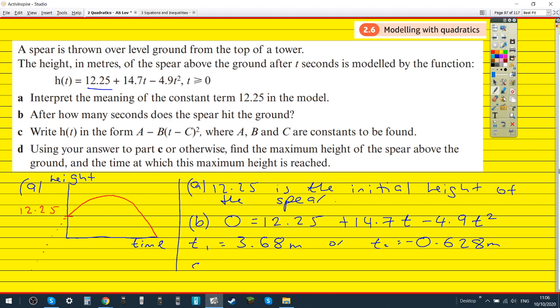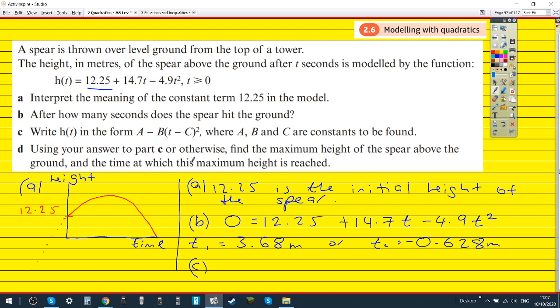Question C. Would A, B, and C, would A be minus 4.9 t squared? Do you recognize this format? Yeah, I do. So this is completed square form, and you'd have to put it into completed square form.